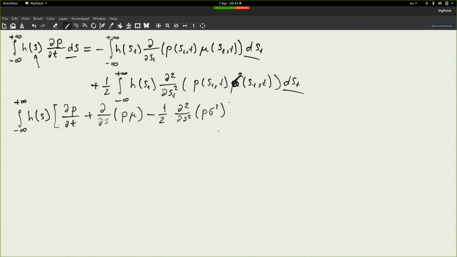Okay? All multiplied by ds identically equal to 0.